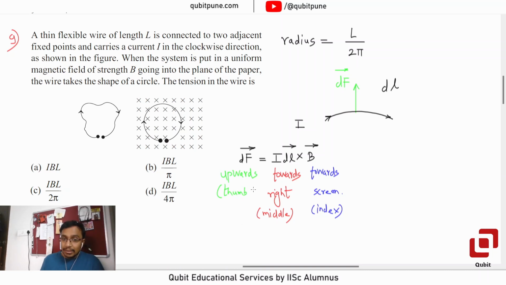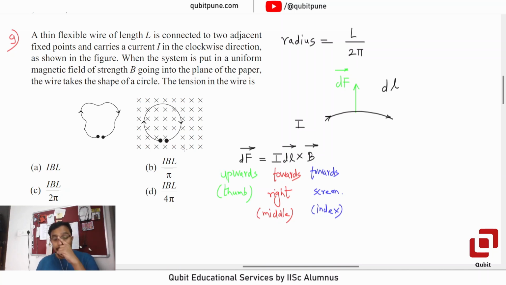But look, the direction of this force is actually going to be radial. Here it is in this direction, here it is in this direction, and so on. Now, if that force is radial, why is it? It's pulling the circular loop from all directions, and that's why it has attained the shape of a circle.